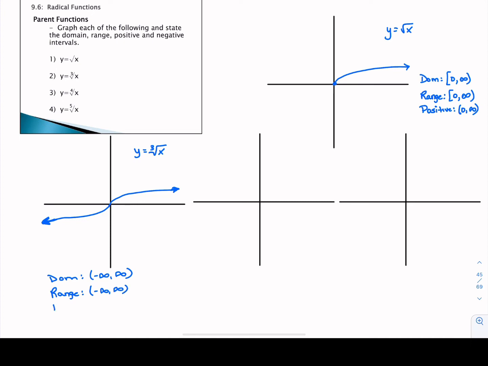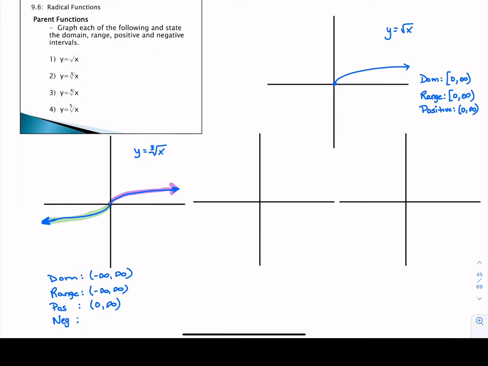This graph is positive or sits above the x-axis from 0 to infinity. And if I highlighted that positive section, this is the section we're referring to. Remember, positive sections are sitting above the x-axis. This graph also has a negative section. So in terms of negatives, I'm going to highlight this in a different color here for you. The negative section of the graph is going to sit below the x-axis. So the green highlighted segment that I'm just showing you here is going to be the negative part of the graph.